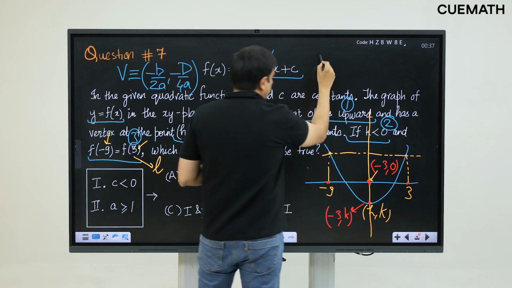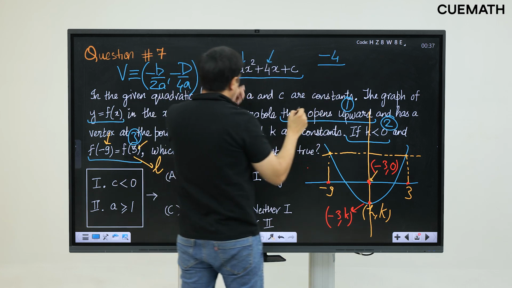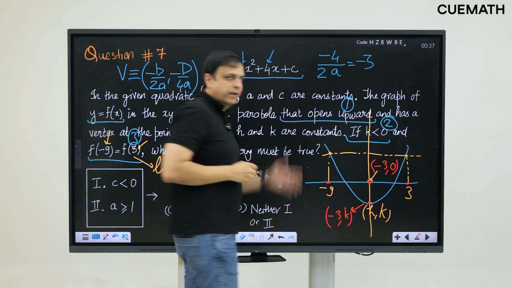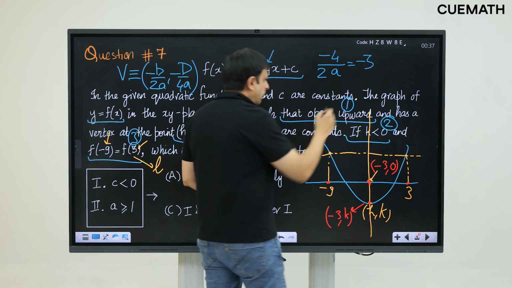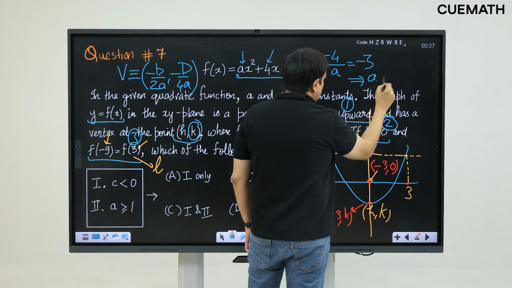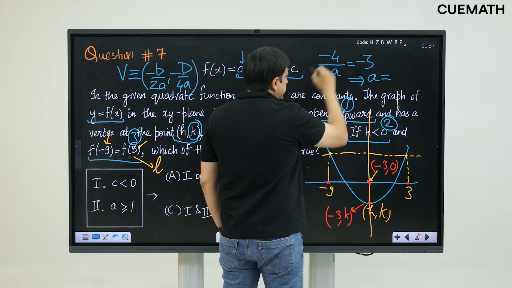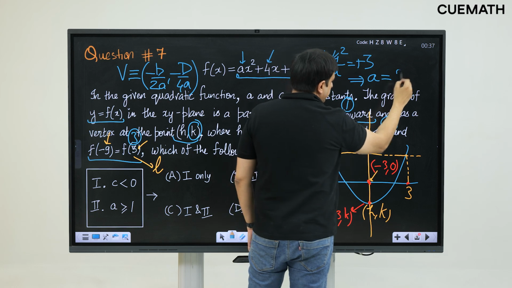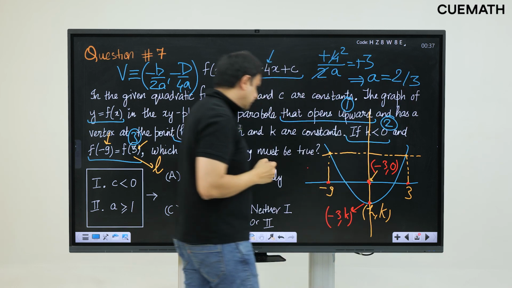So, -b by 2a will be -4 by 2a. This should be equal to -3, and from here we are able to find our value for a. I will cancel out the minus signs, and 4 divided by 2 is 2. So, a will be equal to 2 by 3.